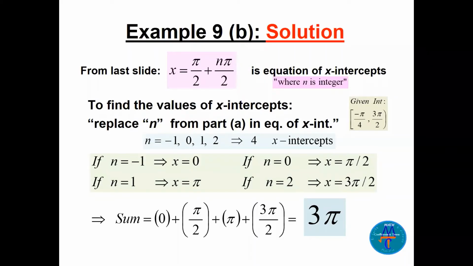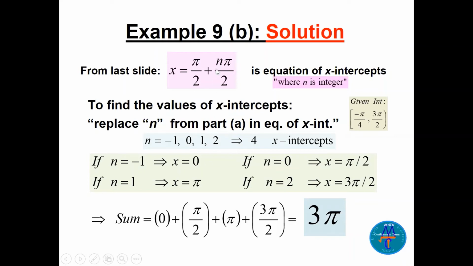Now here we use the equation of the x-intercept we have found in part A. x equals pi over 2 plus n pi over 2. And then we replace the values of the n's, minus 1, 0, 1, and 2. So if n is equal to minus 1, you put here minus 1, x will be 0.